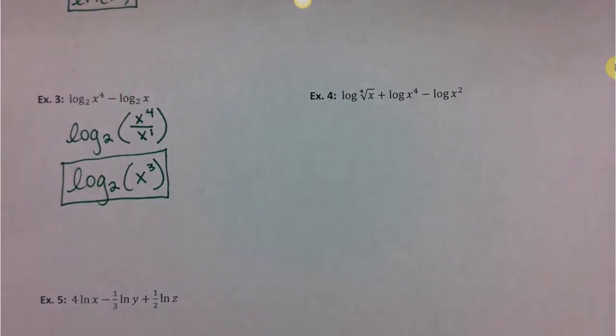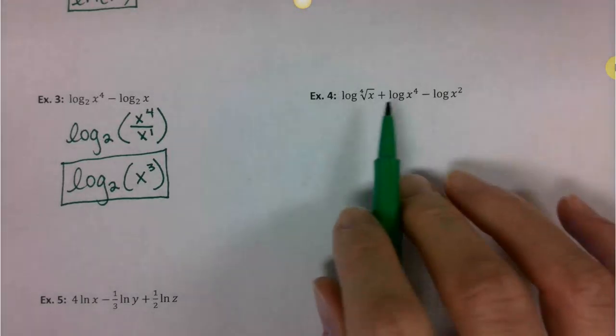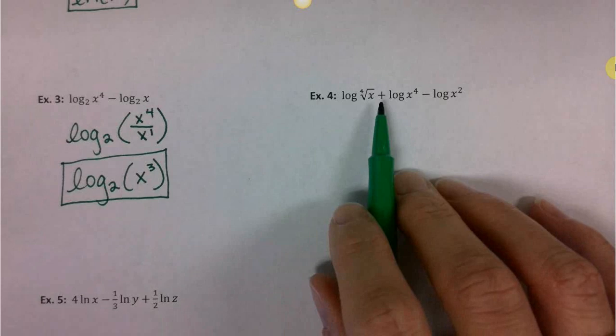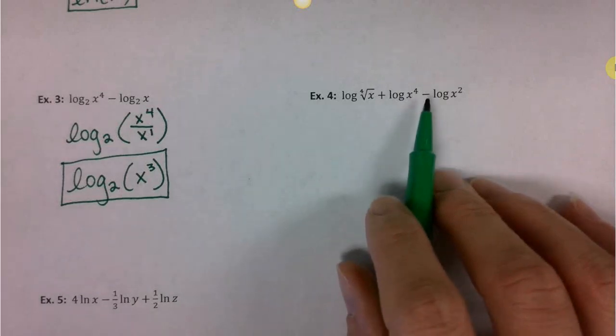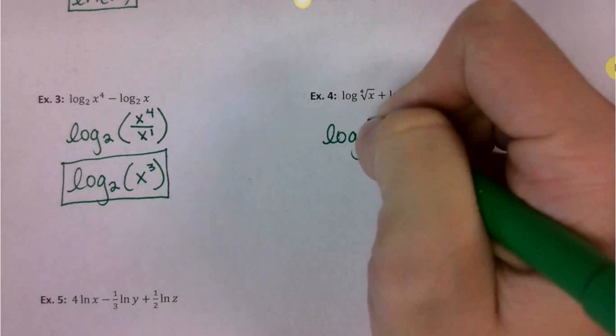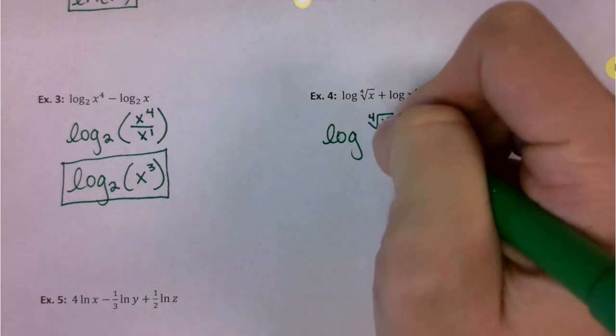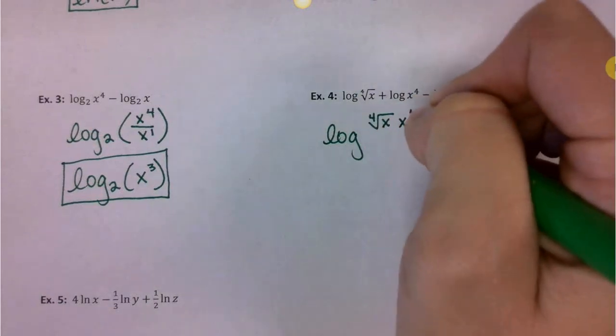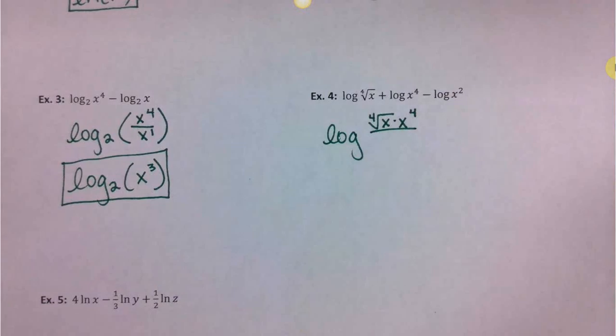Log of the 4th root of x plus log of x to the 4th minus log of x squared. So we can turn the addition into a multiplication and the subtraction into a division. So this is the same as the log of the 4th root of x times x to the 4th divided by x squared.